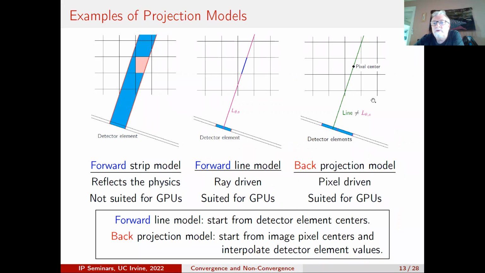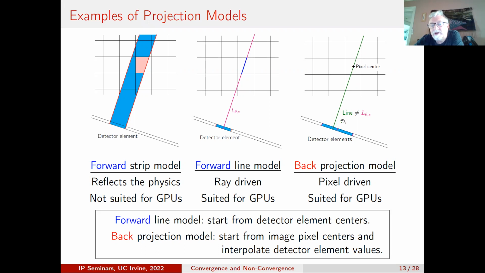So instead, you choose a center in a pixel, then you find the line that is orthogonal to the detector, and then you find that point on the detector. Then you take whatever is measured over here and you project it back along the green line, and you distribute it over the different pixels according to the length in each pixel.